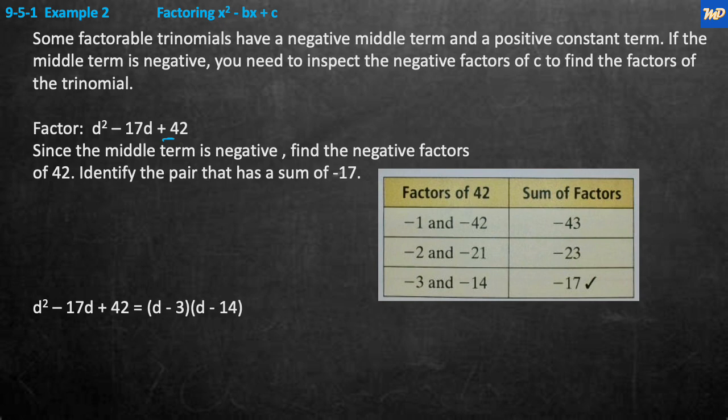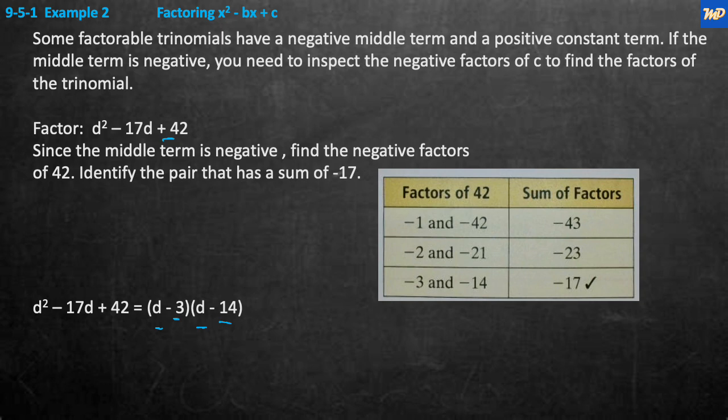So we say d squared minus 17d plus 42 is equal to, we're going to factor it, d and d as the first values in our binomials, and then negative 3 and negative 14. So that's it factored.